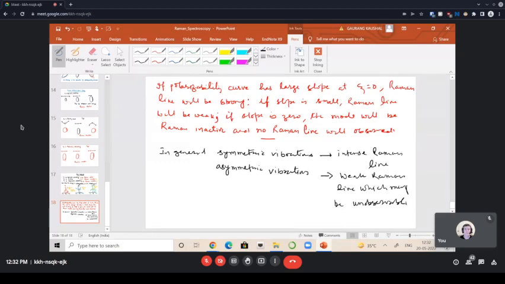Okay, so for these diatomic molecules and molecules like H2O and CO2, symmetric vibrations give the intense Raman line. Other vibrations give either a weak Raman line or no Raman lines. Okay, so that is the crux of this whole discussion.